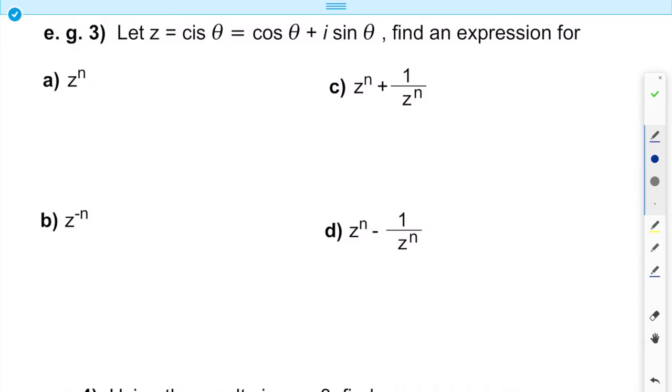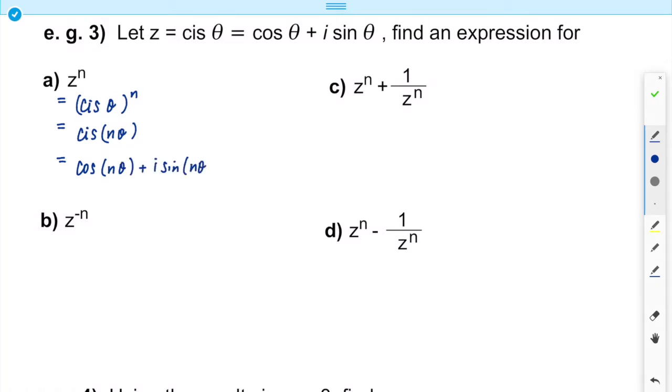So z to the power of n would be cis theta to the power of n, or cis of n theta, which in rectangular form is cosine n theta plus i sine n theta.